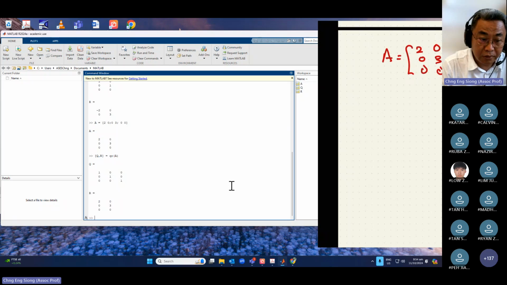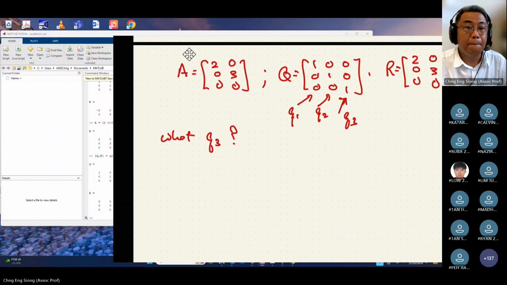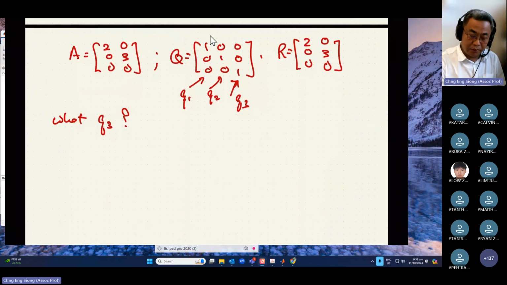So the question is Q1, Q2, Q3. What is Q3 sitting there doing? Whose space does it span? Answer the quiz question.